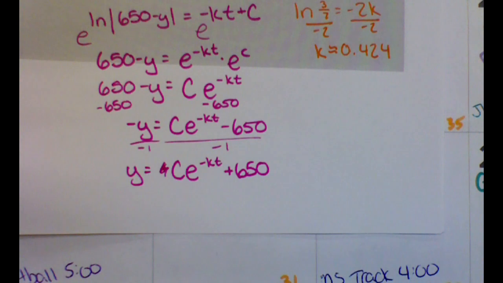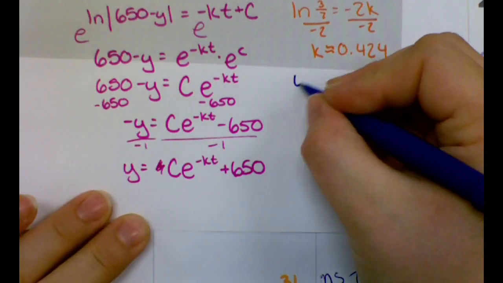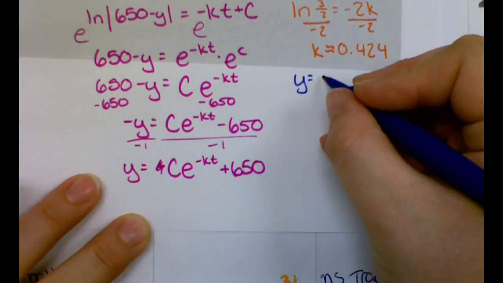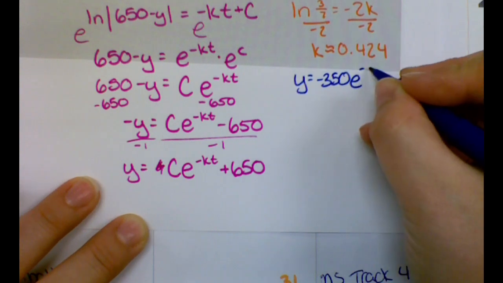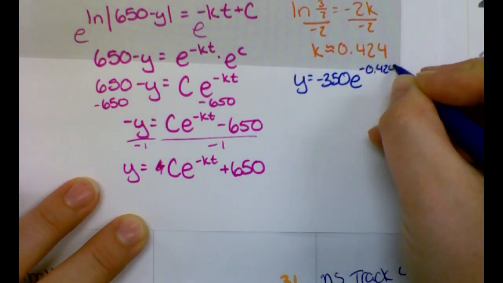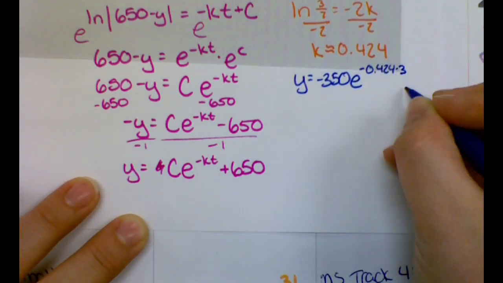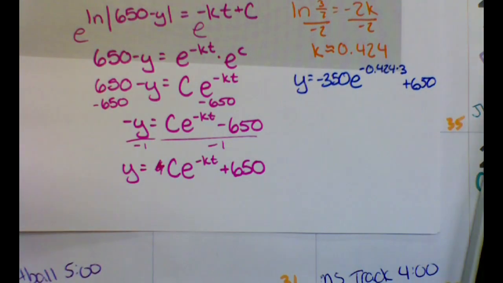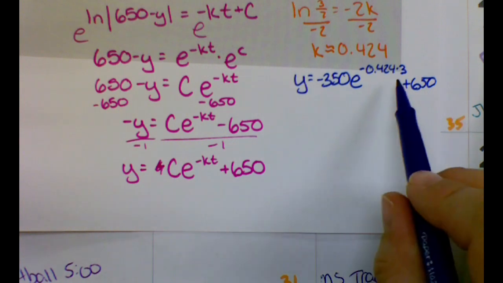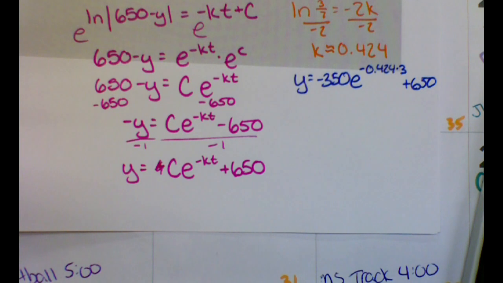All right, and now I can finally answer my question. What is the population when t is 3? Well, y equals, c was negative 350 e to the negative k times t, which is 3, plus 650. I'm just going to type that in my calculator because that's miserable to try to do anything by hand. I also use the answer key for 0.424 instead of actually typing that number in because it'll be more exact.